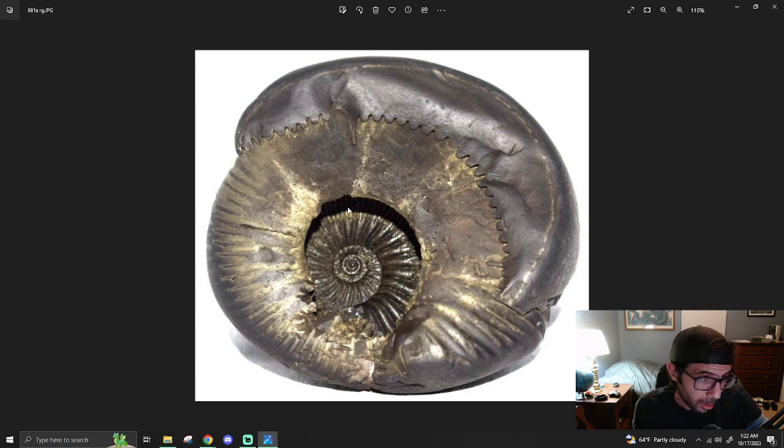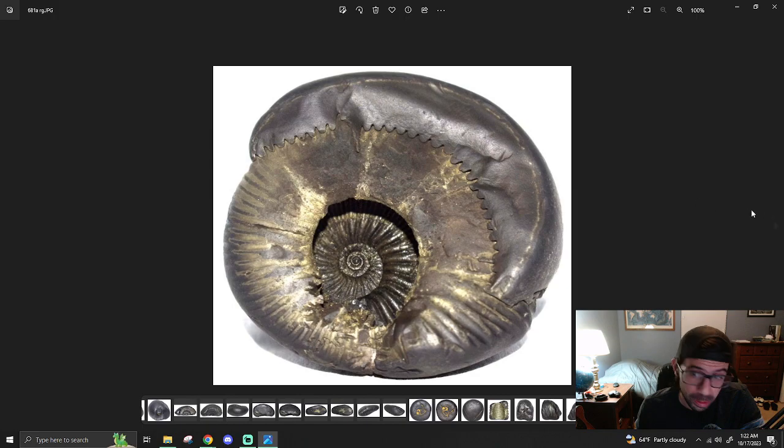Why would this shell induce this ring around it in the matrix? Shell. These things are so incredible.